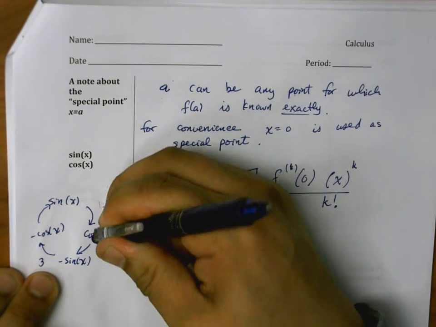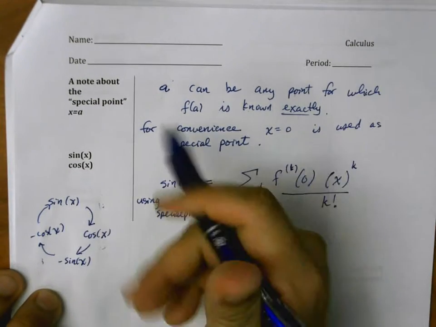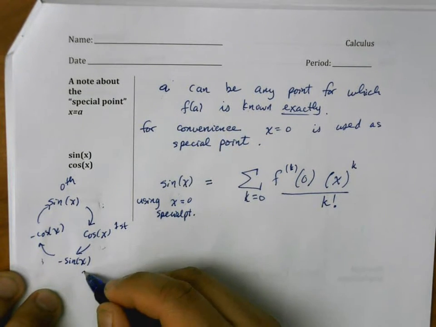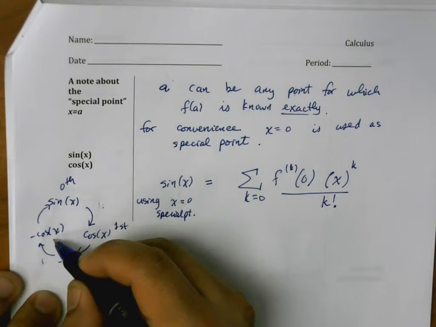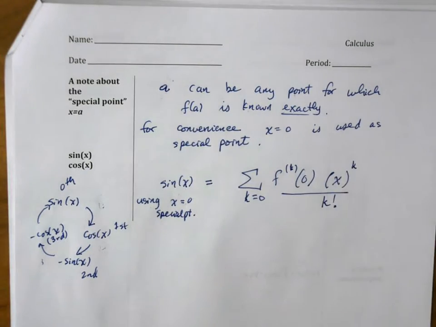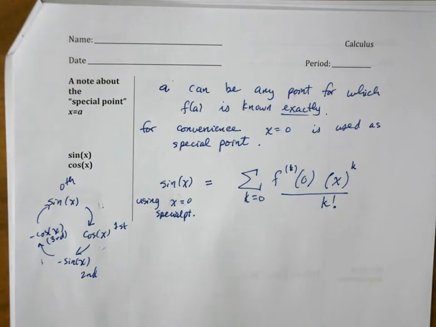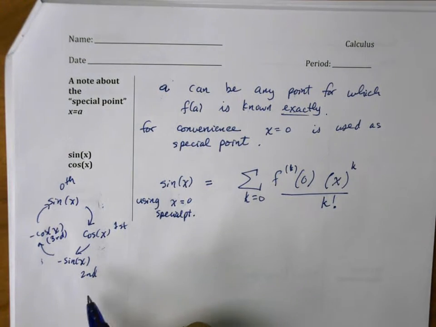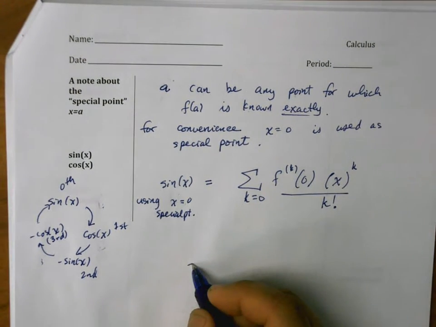So this would be like the, let me think about it this way, the 0th derivative. This is the first, this is the second, this is the third derivative, okay? And then the fourth derivative and onwards, we're back to where we started from.